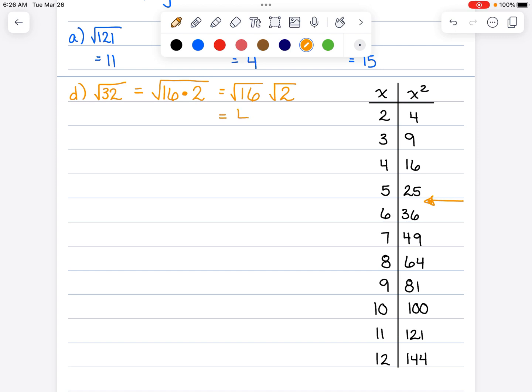It becomes a 4. And I still have this square root of 2 next to it. And I can do this process as many times as it takes until the number inside the square root is as small as it can possibly be by dividing by perfect squares. Since 2 doesn't divide by any perfect squares, that means this is my simplified form.